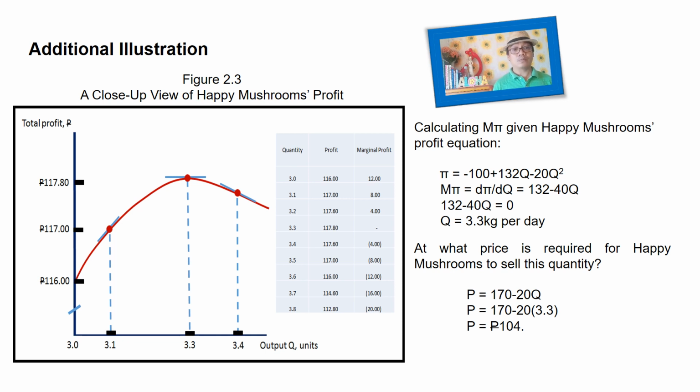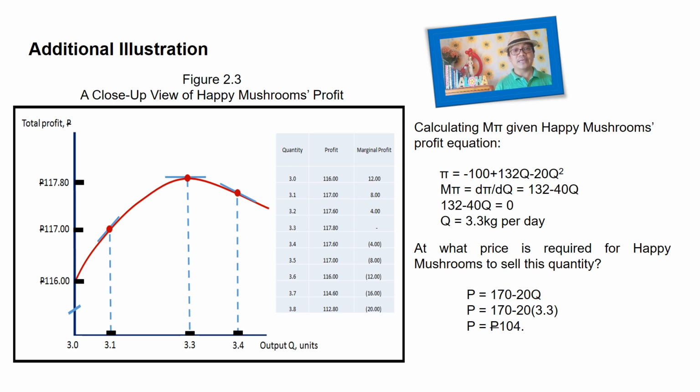But at what price is required for Happy Mushroom to sell this quantity? The answer is found by substituting Q equals 3.3 kilograms into its price equation, given by P equals 170 minus 20Q. And then we simply substitute our Q equals 3.3.